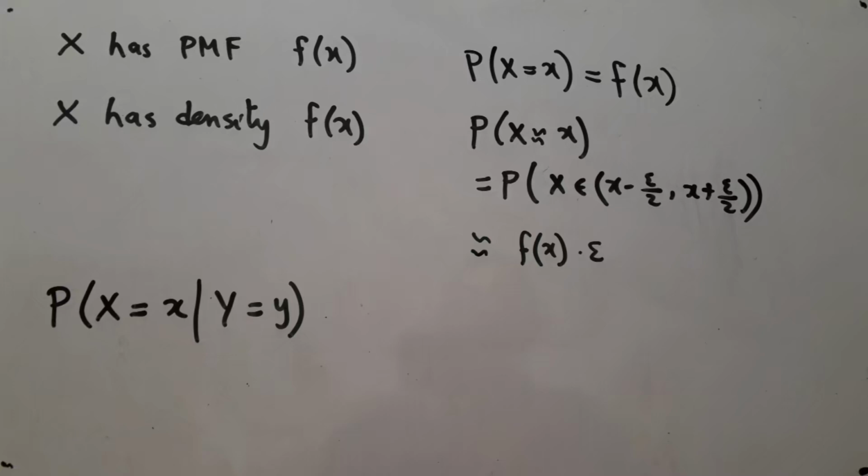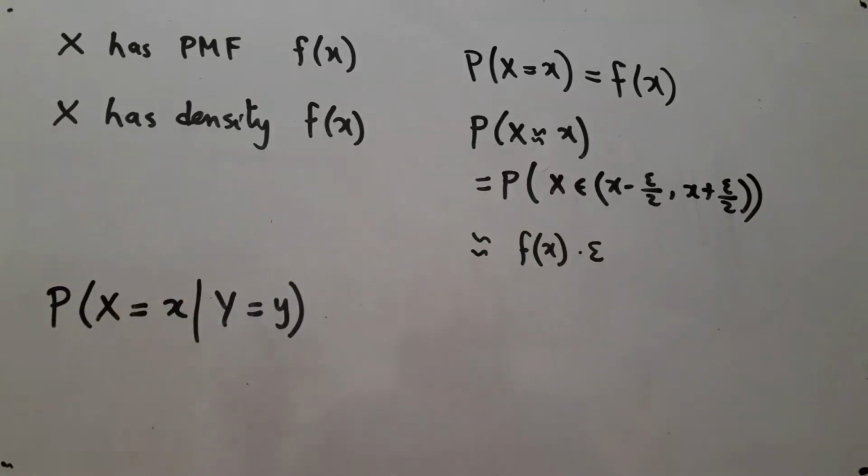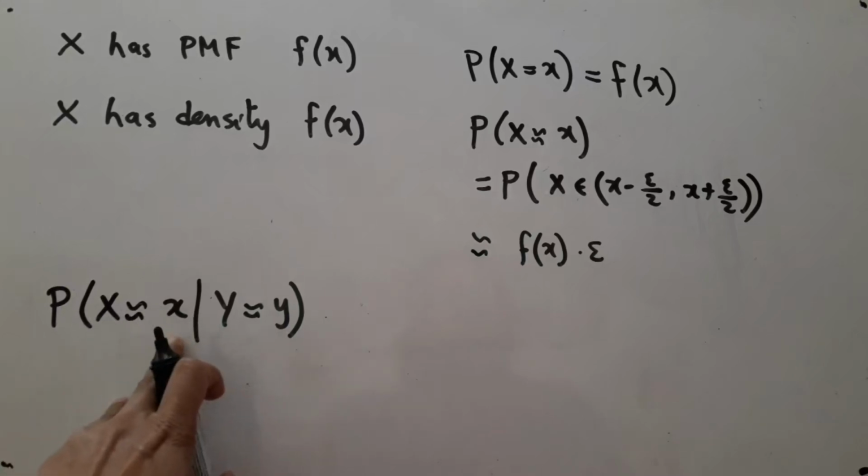Now let's return to our discussion of this conditional probability. We have just now seen that if x and y are jointly continuous, having a density, in that case this probability will be 0. So as such it is not defined, but I will employ these heuristics. I will replace the equalities by approximate equality. When I write approximate equality, you understand it lies between x minus epsilon by 2 to x plus epsilon by 2.